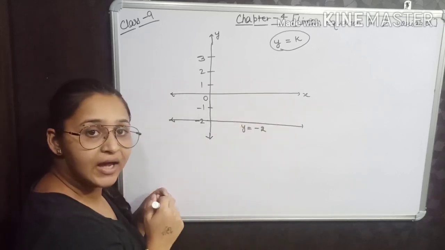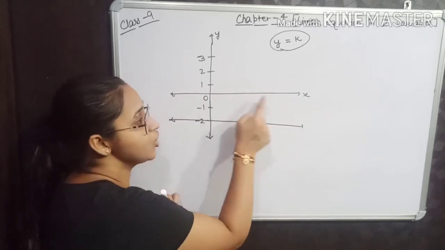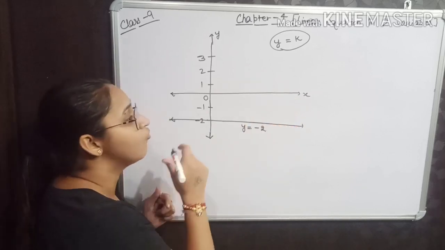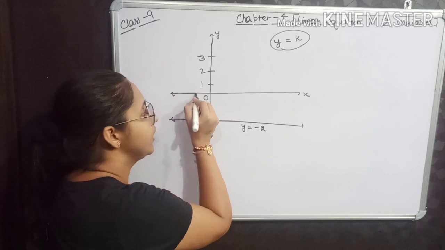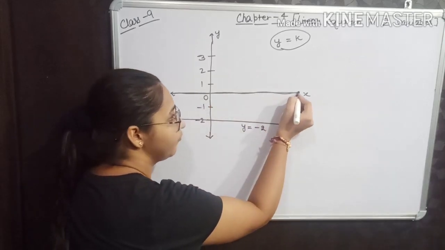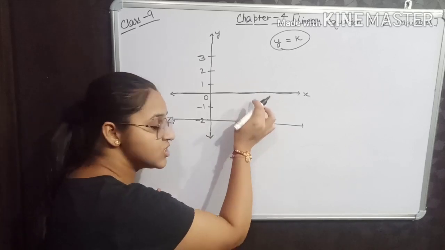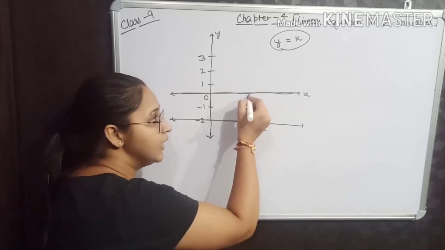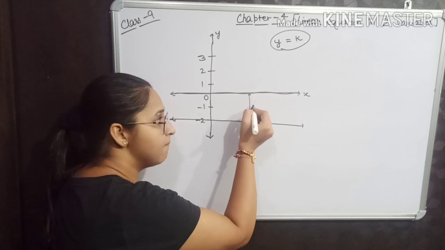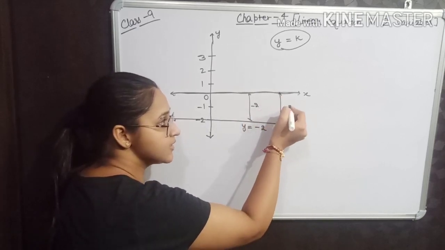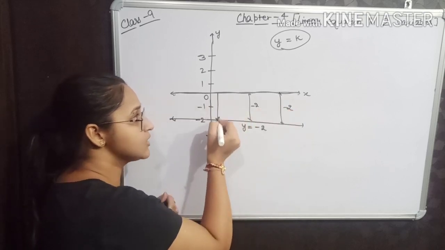So if I have to find the equation of the x-axis, what will be the equation? See, we found that this line is y = -2 because from every point the distance is fixed, that is -2.